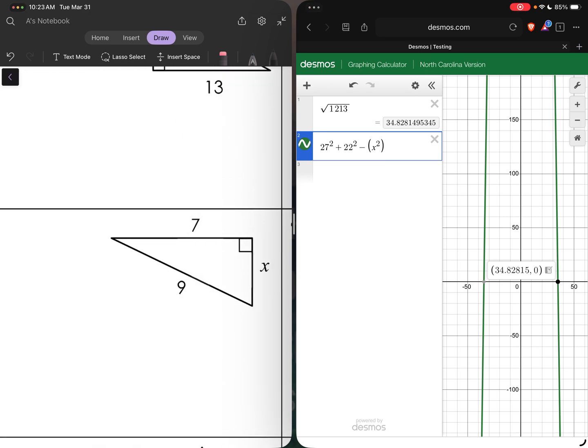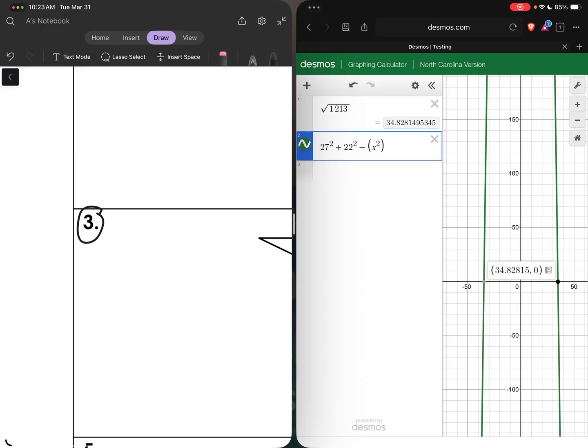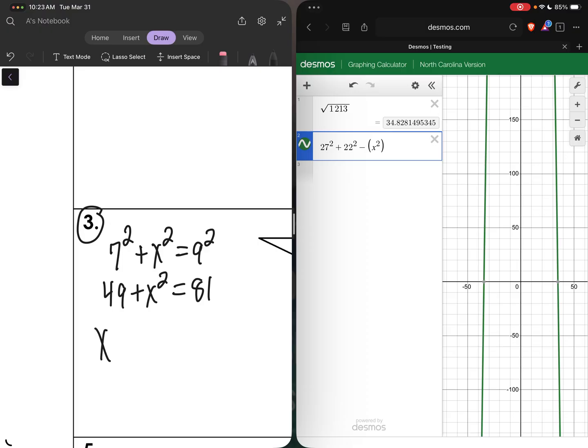Number 3. 9 is the hypotenuse. 7 squared plus x squared equals 9 squared. 49 plus x squared equals 81. X squared is equal to 32.